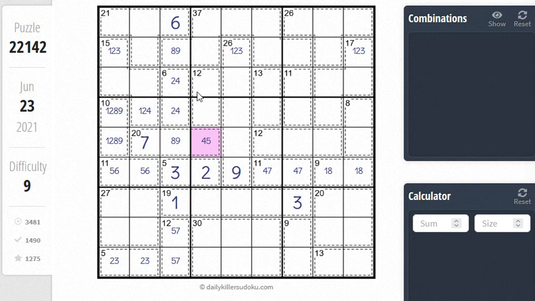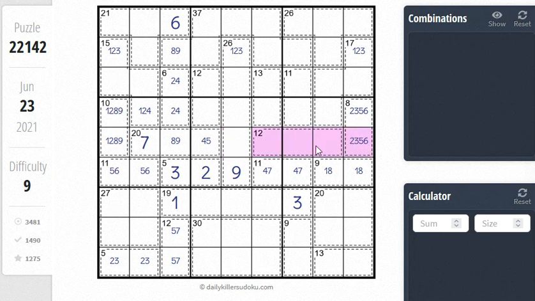So this is going to be 2, 3, 5, or 6, because the 1 is here. I guess the next question is, where's our 1 going to go on this row?